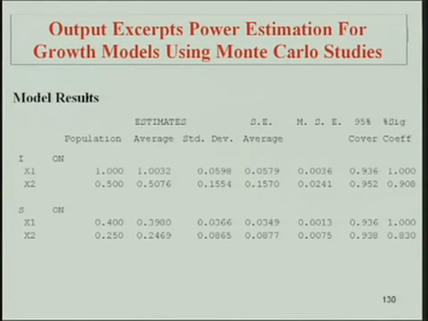And then finally, in the last column, percent significant coefficient, that 0.83 is the estimate of the power. This is the estimate of the power that you have to reject the false notion that X2 has no effect on S. And I'll say that slowly again.